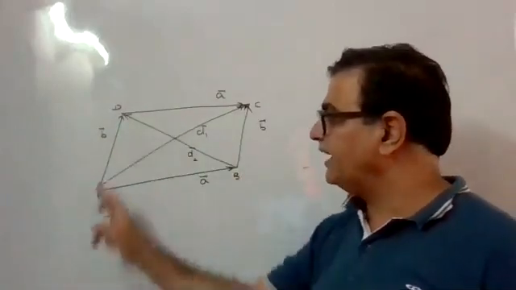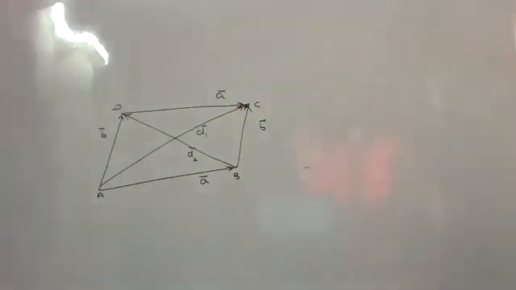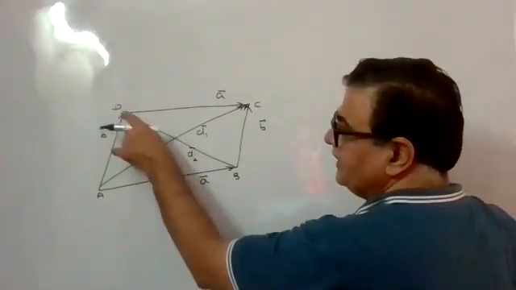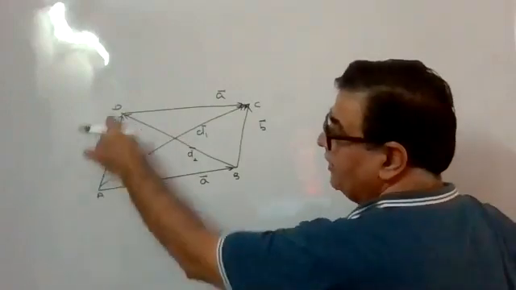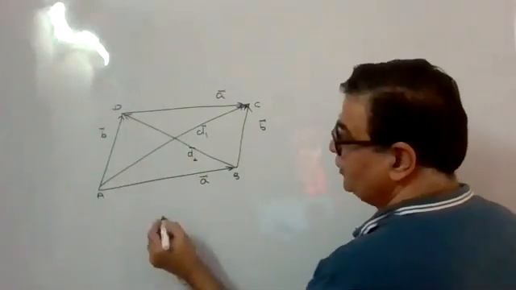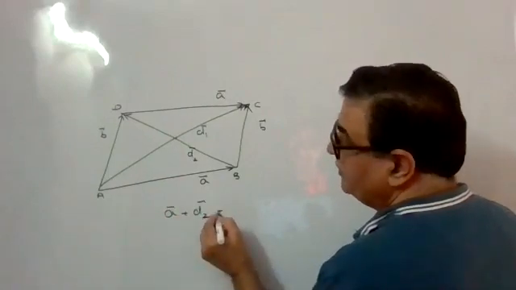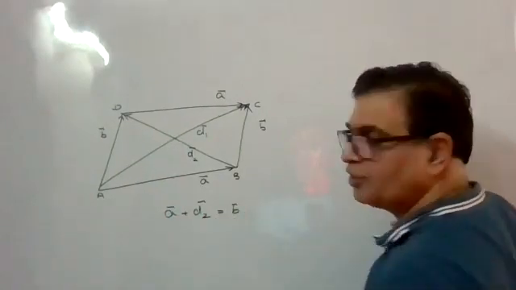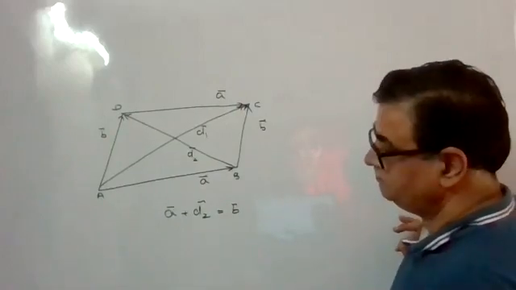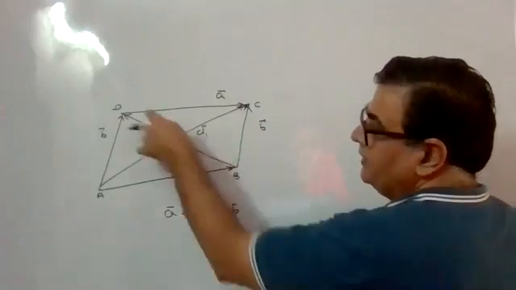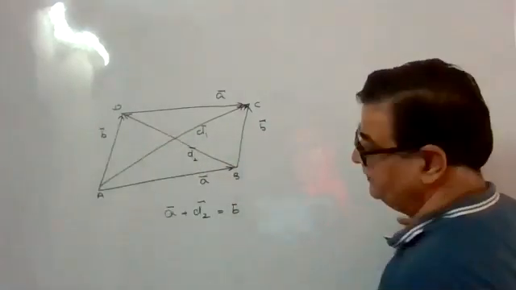If I apply the triangle law here, this vector and this vector are in the same direction, and this is in the opposite direction. So A plus B comes out to be the B vector. Right or no? Is it clear? This vector plus this vector gives the third vector.